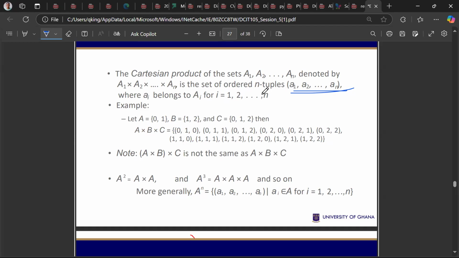And so this extends the concept to more than two sets, creating ordered n-tuples.